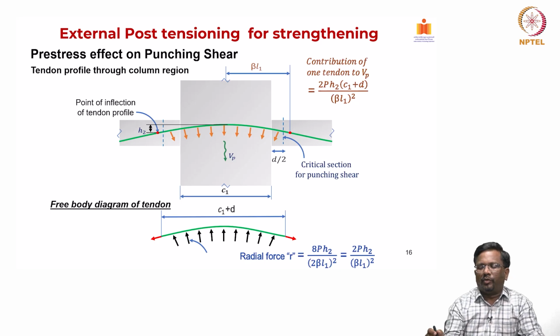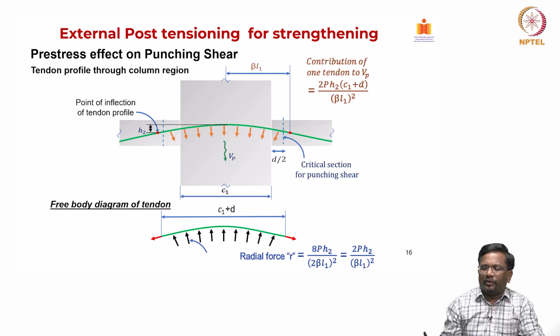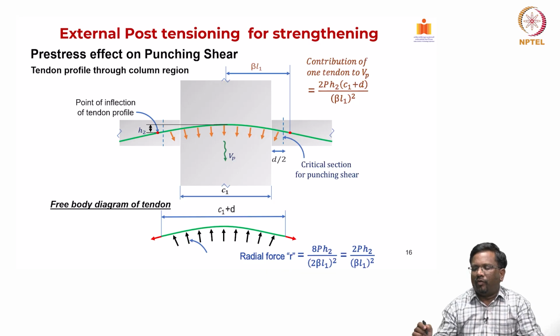Now you see beta L1 is basically half of the length of your reverse parabola. So, the total length of the reverse parabola is 2 beta L1. You can see that P into H is the moment that we are creating. So, your radial force is nothing but 8 P H by (2 beta L1) the whole squared. We have studied this previously. For one tendon, it is going to be like this.